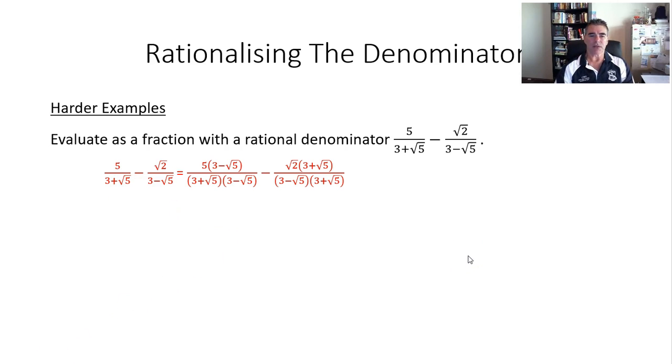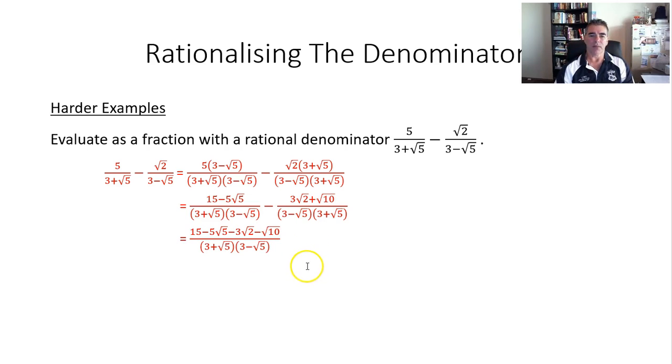So what we can now do is expand out the numerators. So 15 minus 5 root 5 minus 3 root 2 plus root 10. I can bring them all together as one particular fraction, but be careful, I'm subtracting all of that numerator, so that negative 3 root 2 take away another root 10, so that's why these both become negative.